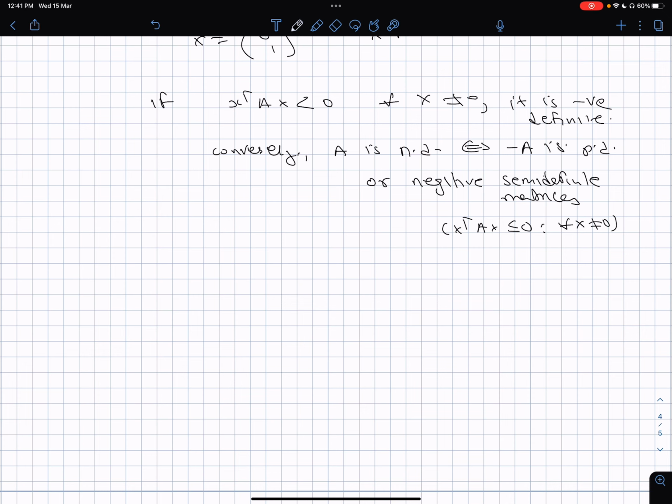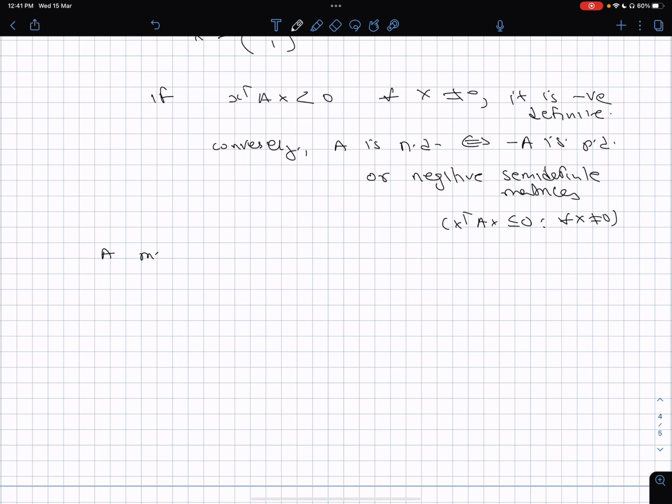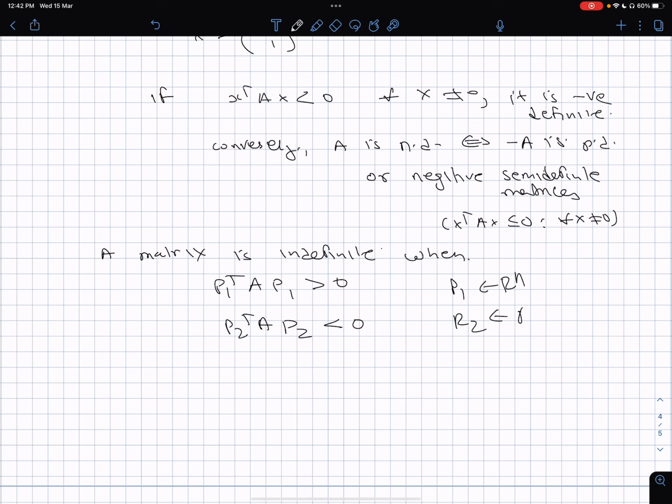Finally, a matrix is indefinite when for some vector P1, P1 transpose A P1 is greater than 0, and for some other vector P2, P2 transpose A P2 is less than 0, where P1 and P2 are vectors in Rn.